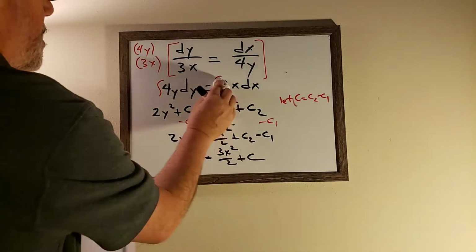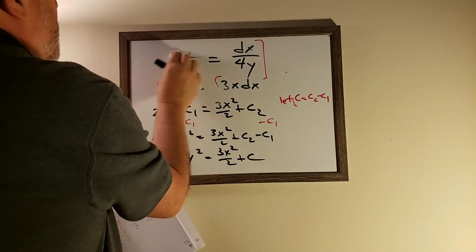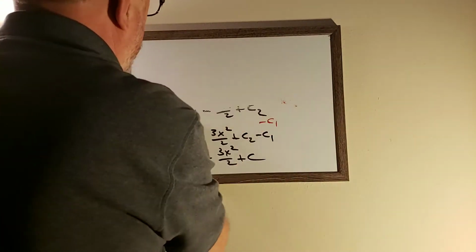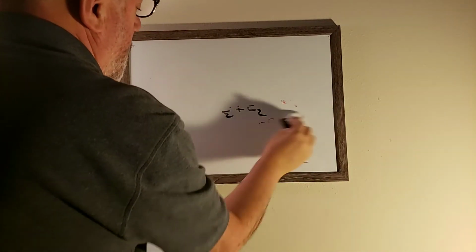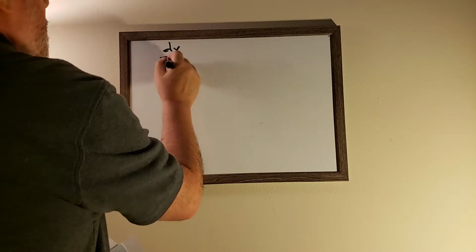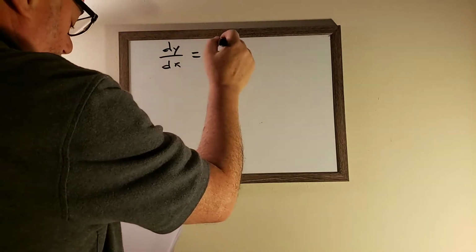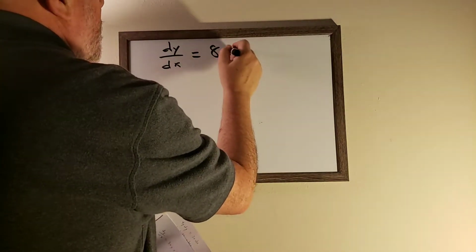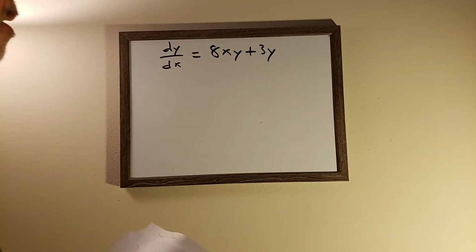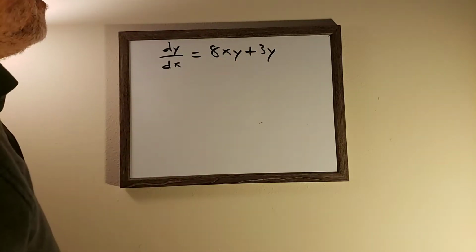So let's look again at how this works in terms of another example. Given this one, dy/dx equals 8xy plus 3y, right? So again, first off, on this side, we want to get the x and y separated.